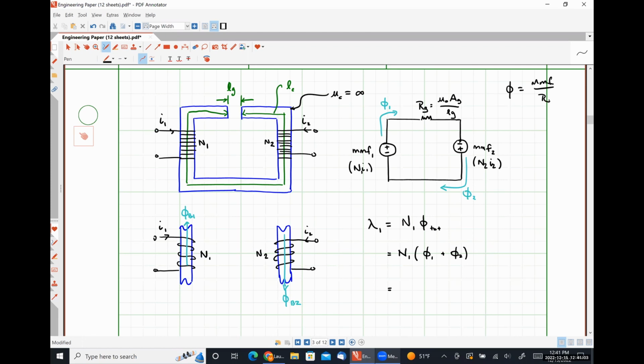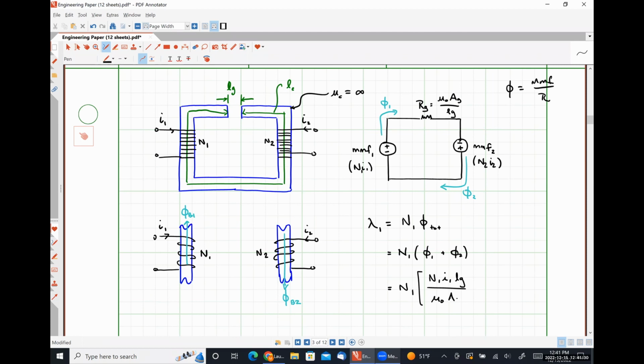Absolutely right. So our MMF is N1 I1. Our reluctance, the only reluctance we have in this whole thing, is mu naught AG over LG. So if we take the reciprocal of that, we're going to have LG over mu naught AG. So that's what flux 1 looks like.